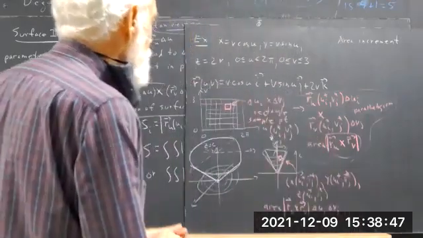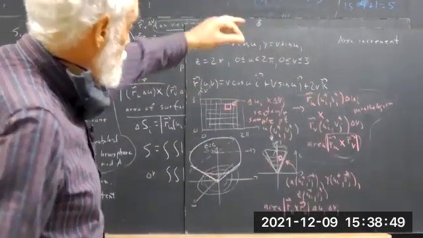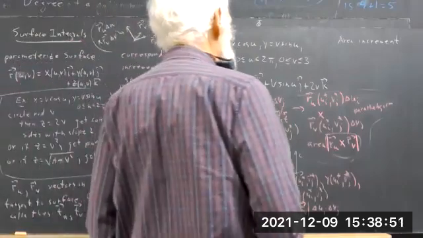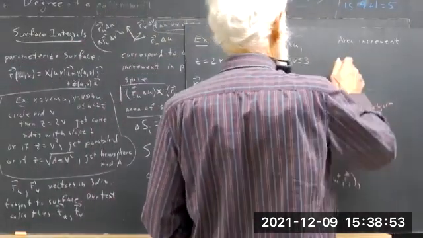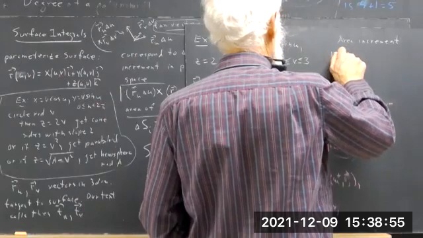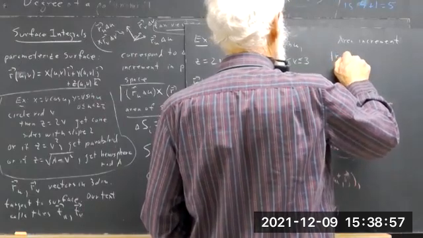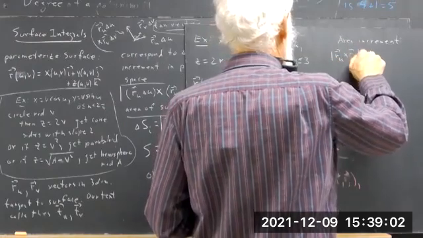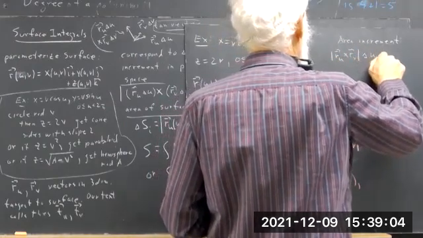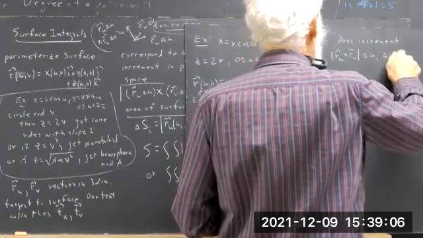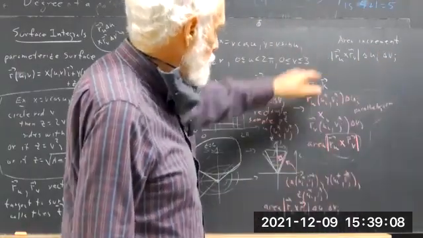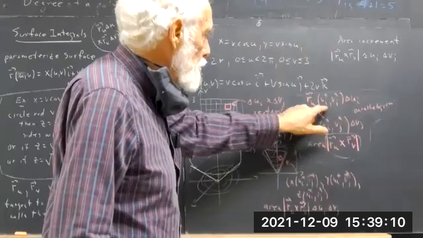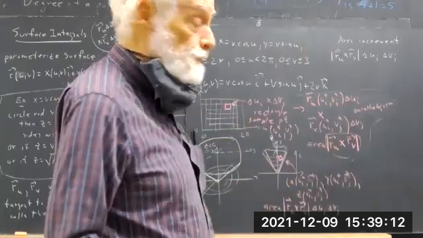Okay, this is what's going on. In the calculation, your area increment is then this, where RU and RV are evaluated at your sample point.